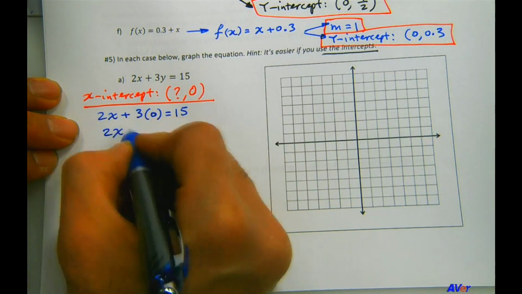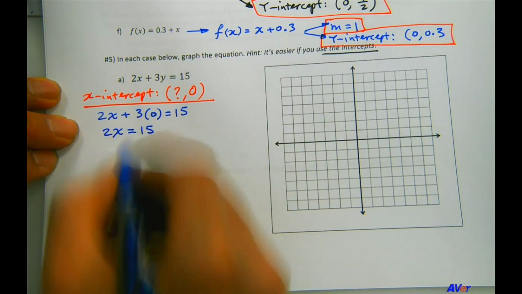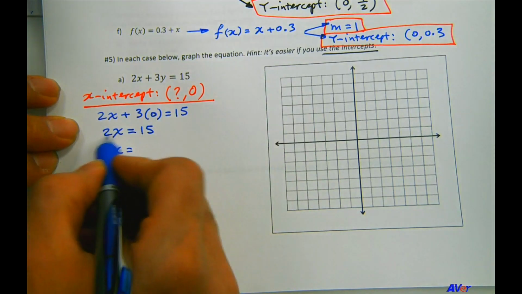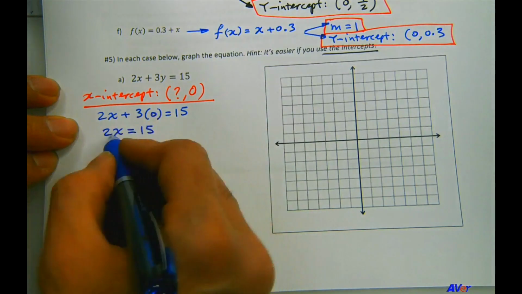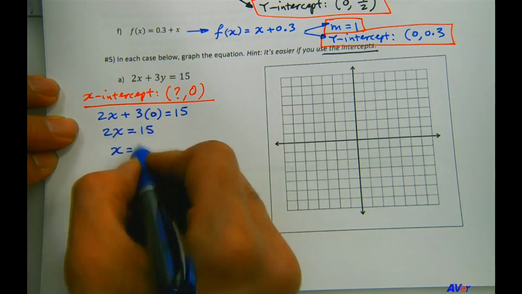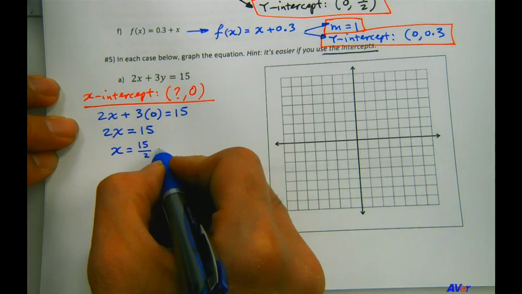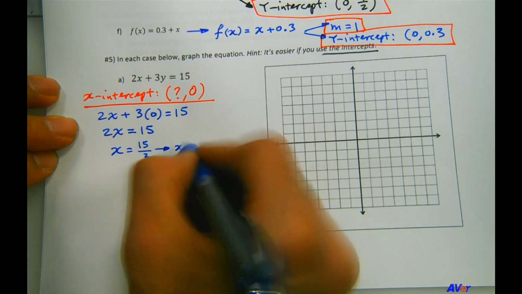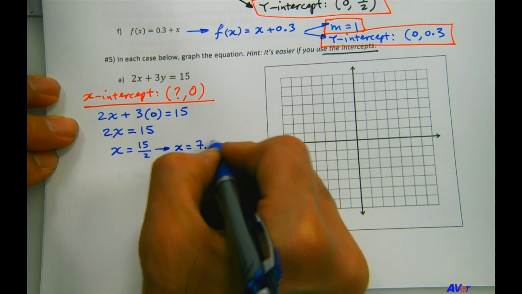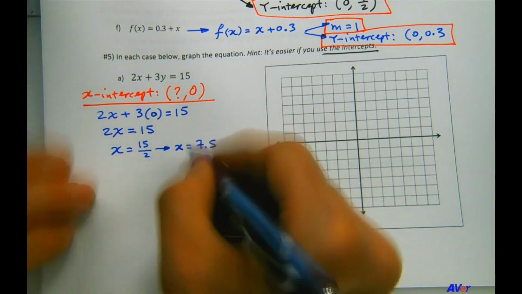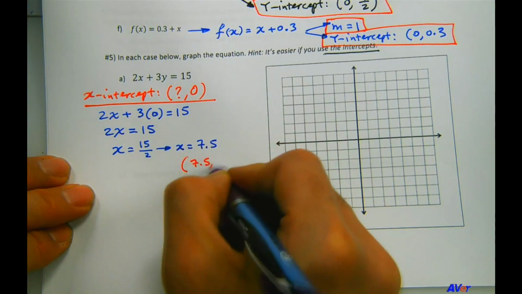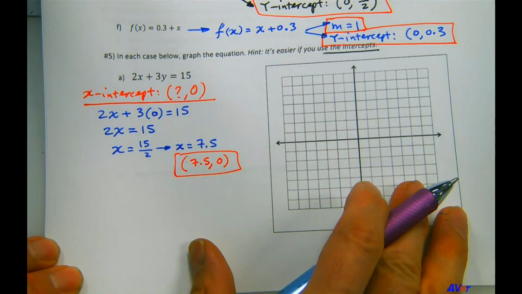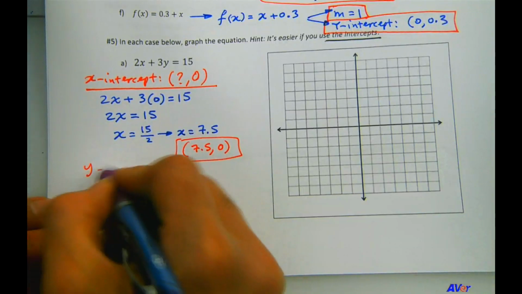So 2x equals 15. We're solving for x, right? So we need to isolate x. Divide both sides by 2, 15 divided by 2 is 7.5, right? So x equals 7.5. So the x-intercept is (7.5, 0). That's the x-intercept. Okay. So let's find the y-intercept.